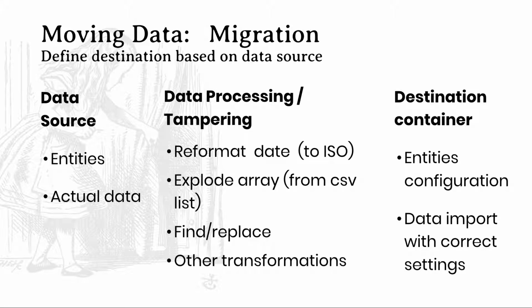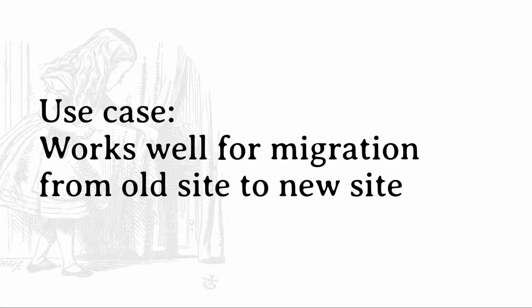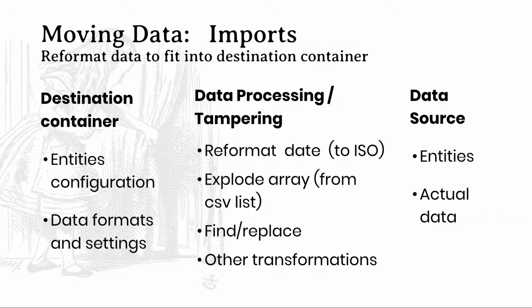Then we need to take data, process it in some way, and then we're going to put it into our new website, which we have or we are building. And for this case, I'm going to be using word migration as a convenience word, as definition. And it works well when you're moving stuff from old site to new site.